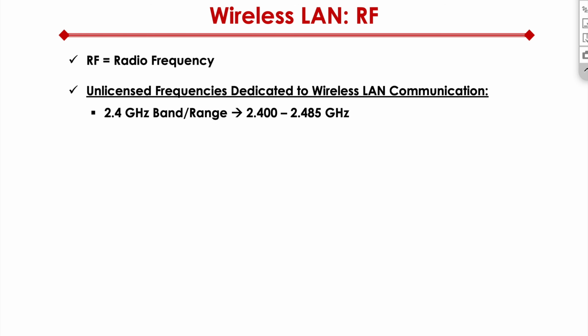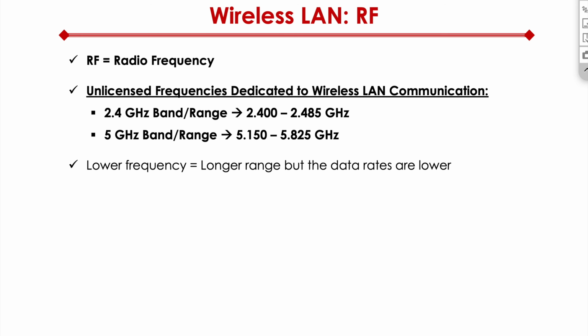The first one is the 2.4 gigahertz band, and it's a range that starts at 2.400 and goes all the way up to 2.485 gigahertz. And the other one is the 5 gigahertz band, and the range starts at 5.150 all the way up to 5.825 gigahertz. Once again, you can think of these as different radio channels.